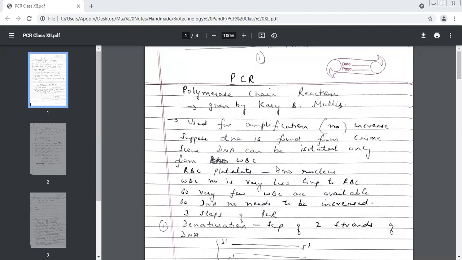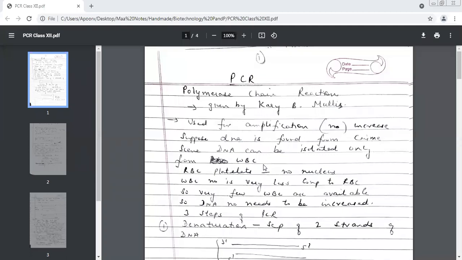We know we have three main components of blood, RBCs, WBCs, and platelets. So whenever DNA has to be isolated, it is always extracted from which part of the blood? WBC. WBCs. Why don't we get DNA from RBCs or from platelets? Because they do not have nucleus.